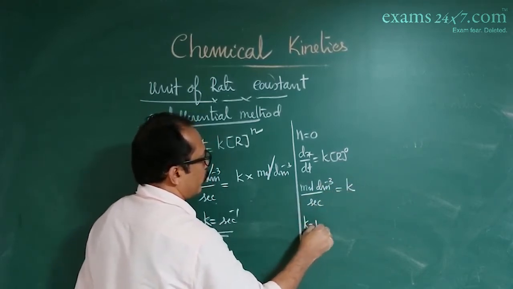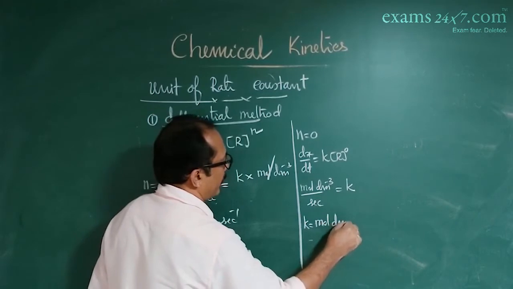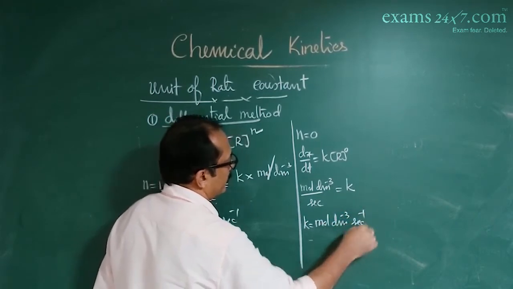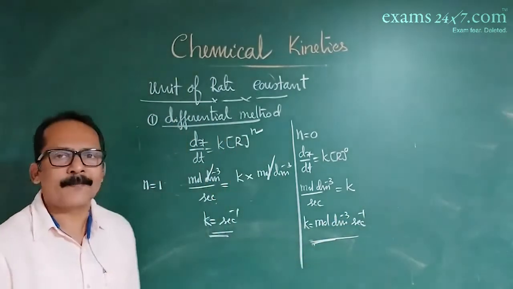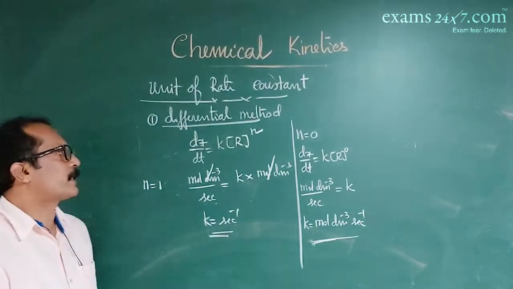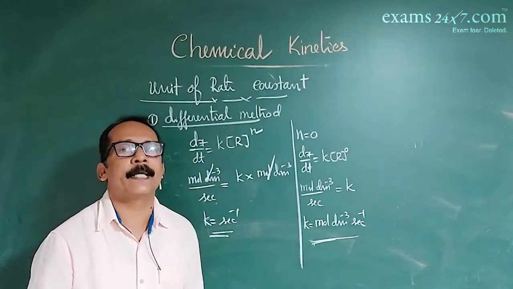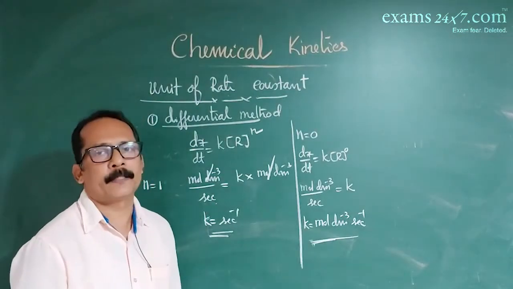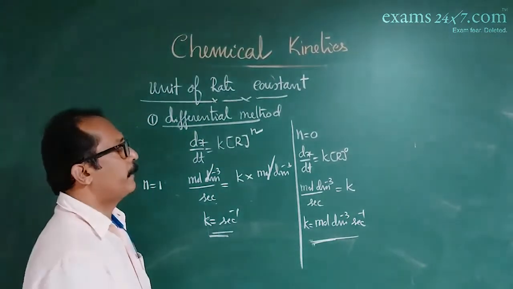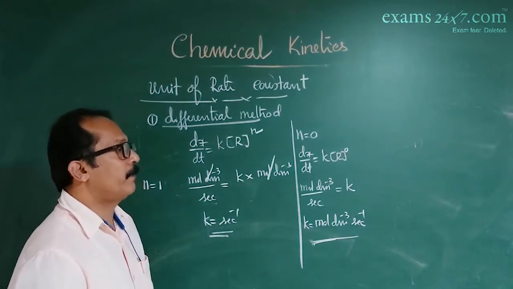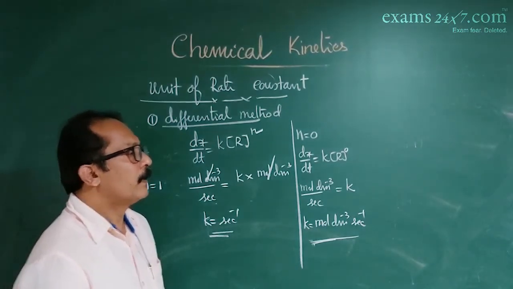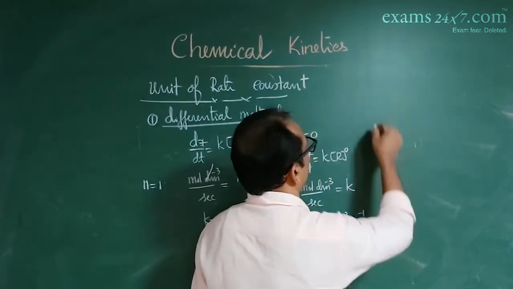So K is equal to mole per dm cube per second. That means the unit of rate constant of a zero order reaction and the unit of rate of the reaction are the same, that is mole per dm cube per second. This is about the differential method. There is one more method.